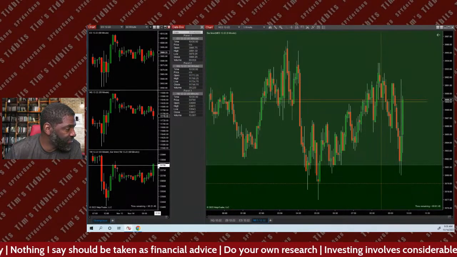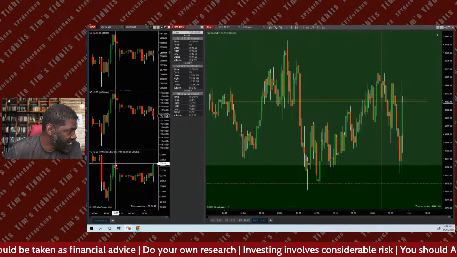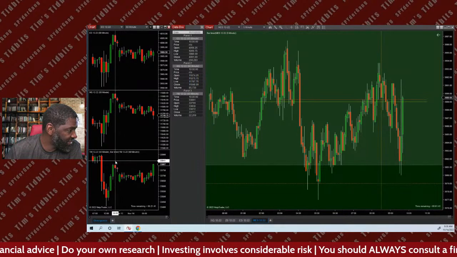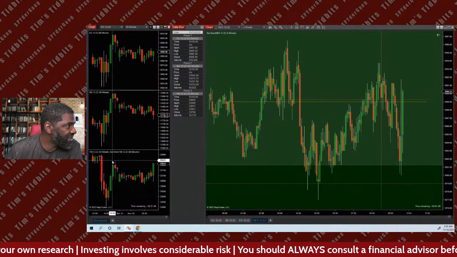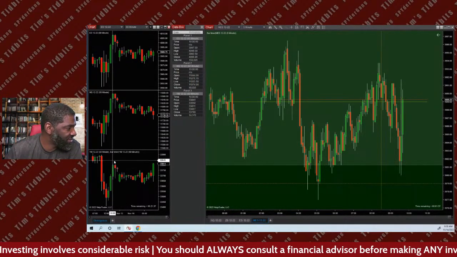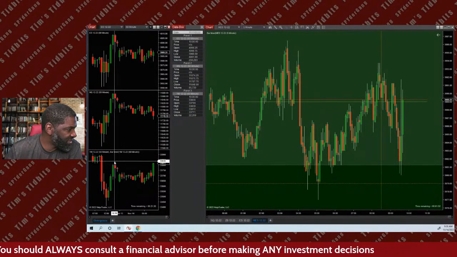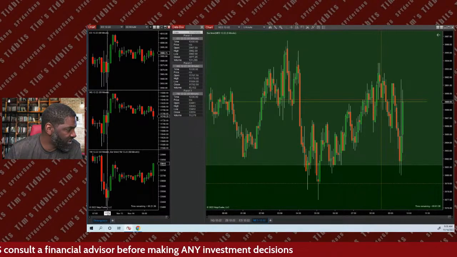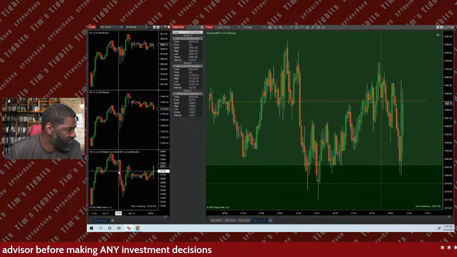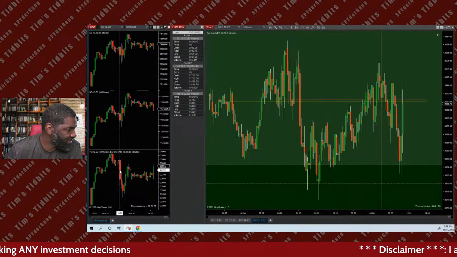The Dow is pushing. What's this high right here? Oh, that's at the close. The Dow is about to take out the 1600 high.